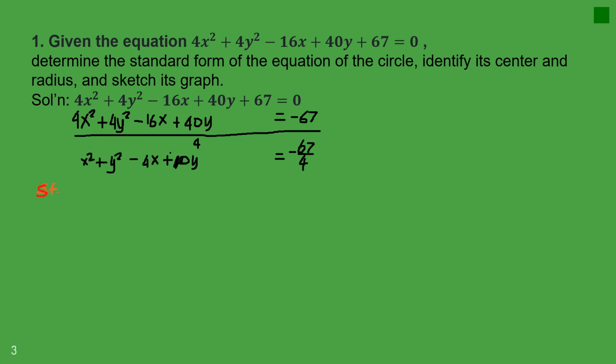The standard form of the equation of the circle is the quantity x minus h squared plus the quantity y minus k squared equal to r squared.